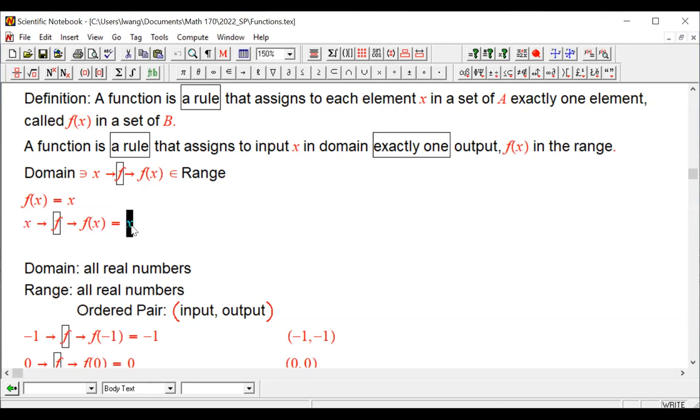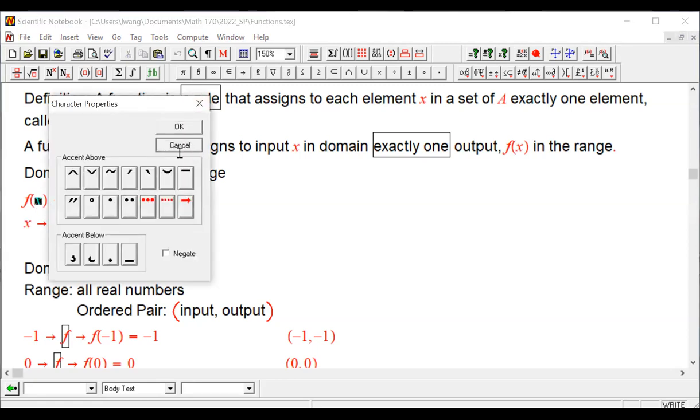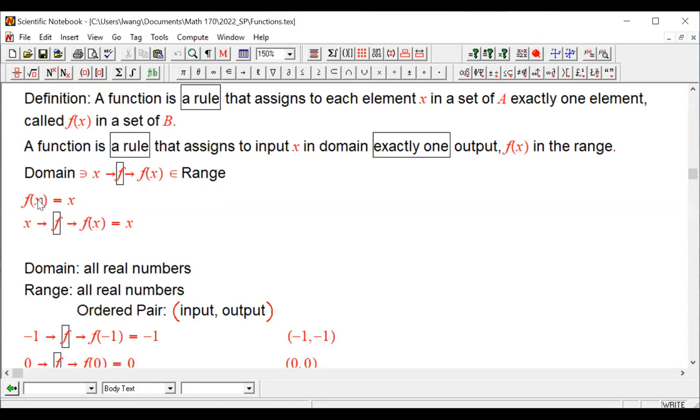The output is going to be the same as the input. You give me an input, I'm going to use that input as the output. So output is always the same as input.